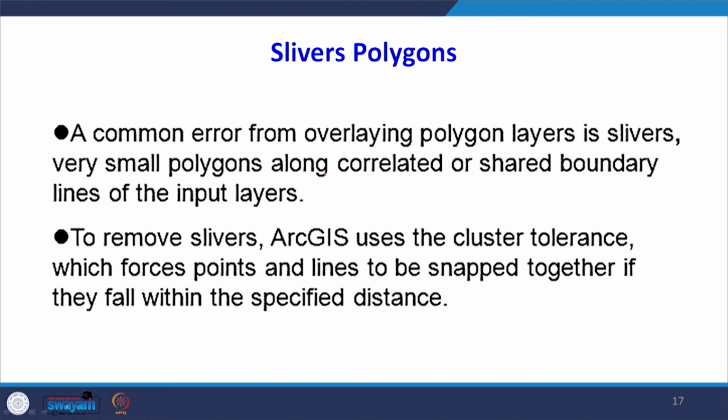Then there are sliver polygons. When you are having the common boundary, or when you are superimposing one over the other, you create a lot of sliver polygons which are to be removed before you carry out the analysis. So this is also important.